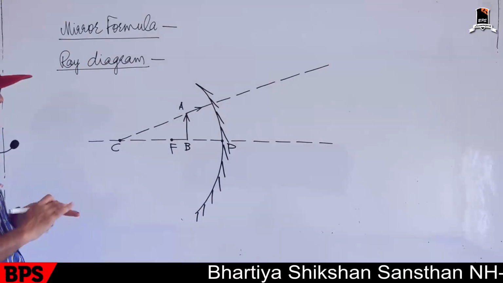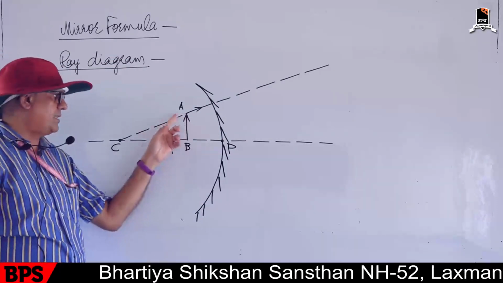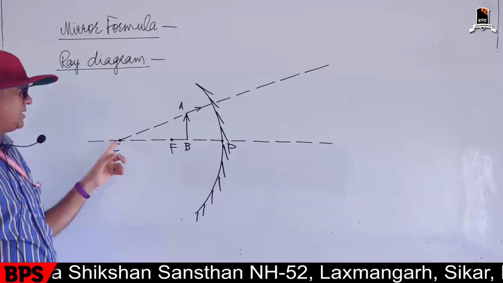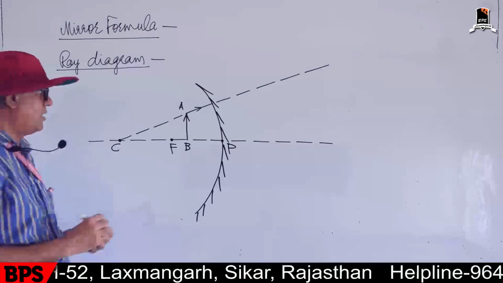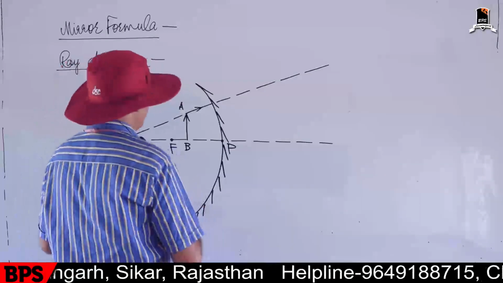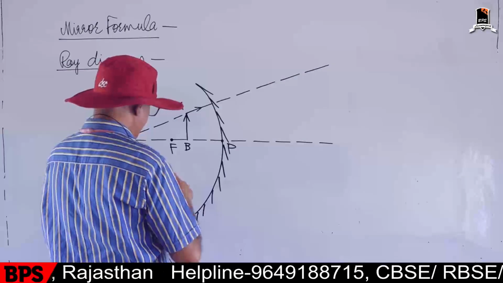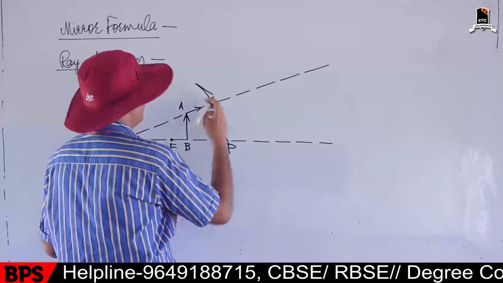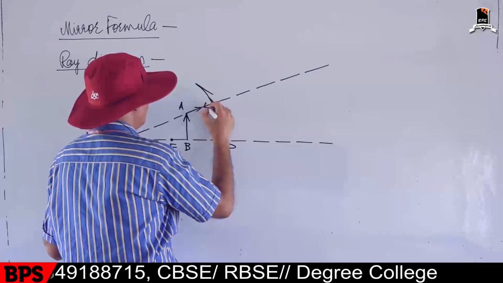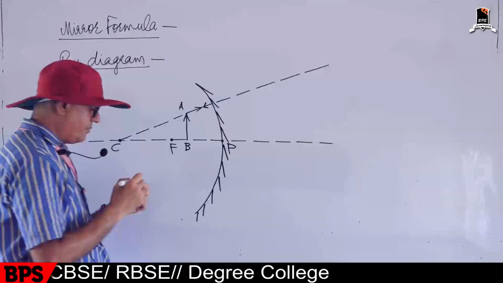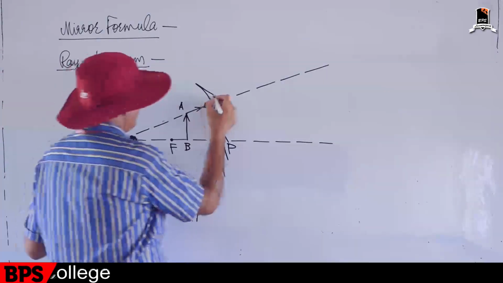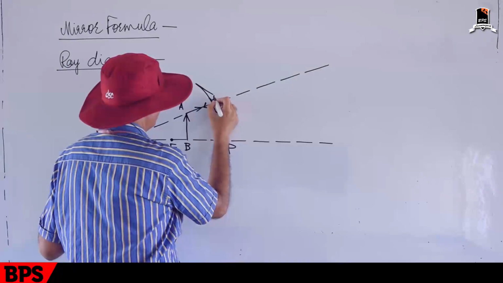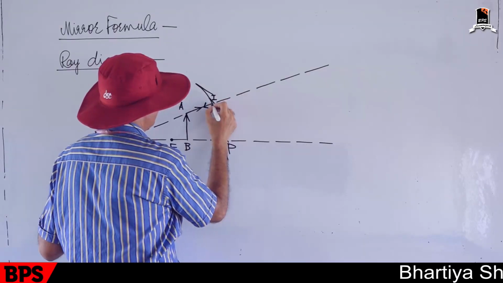Since this ray, after extending behind, is passing through the center of curvature point, therefore it will be reflected back along the same direction, because this is the normal direction of the mirror. Call this point I.